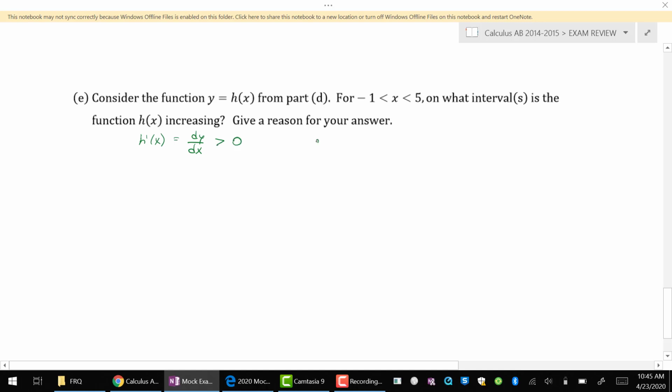Now, the derivative is f prime of 2x times 3y minus 1.